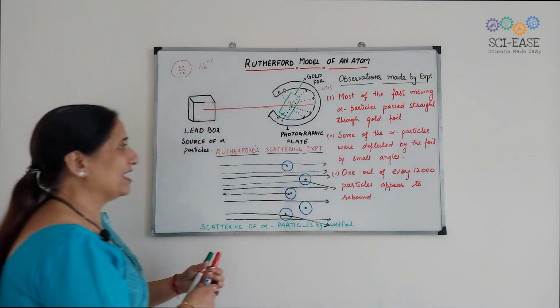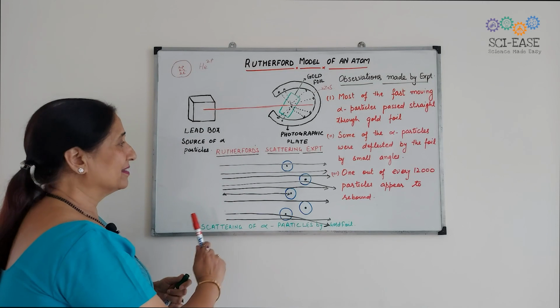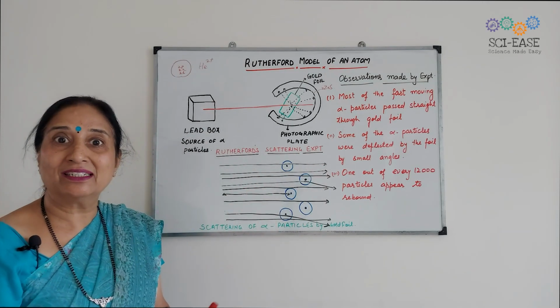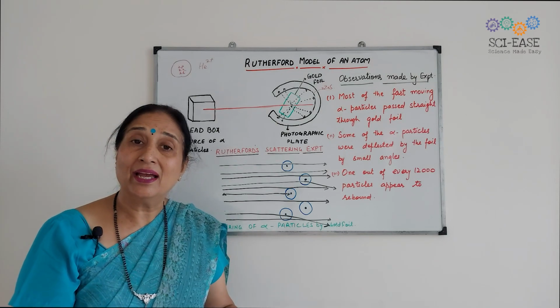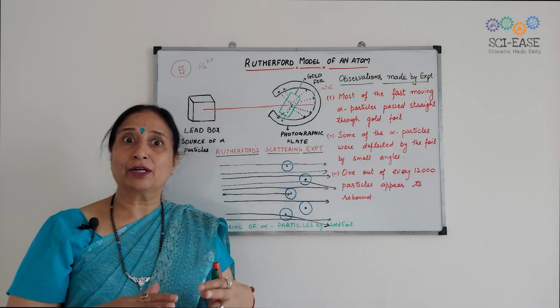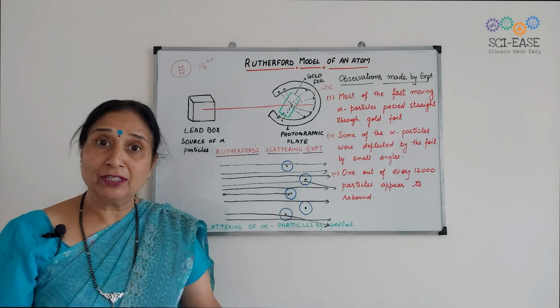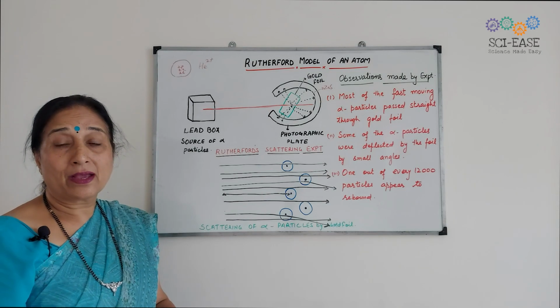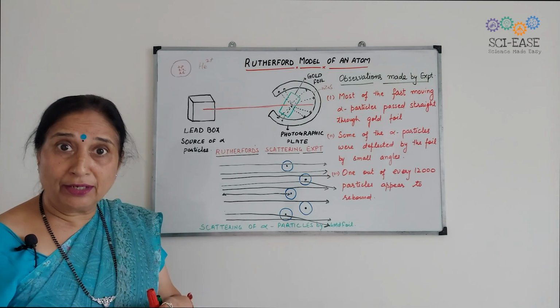In the same way, here most of the alpha particles passed. Why? Rutherford came to the conclusion after performing this experiment. What were those conclusions?